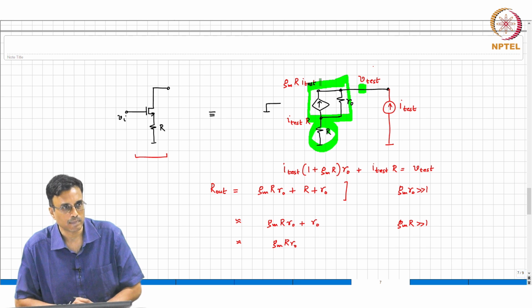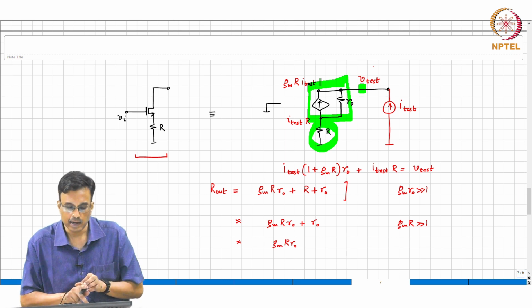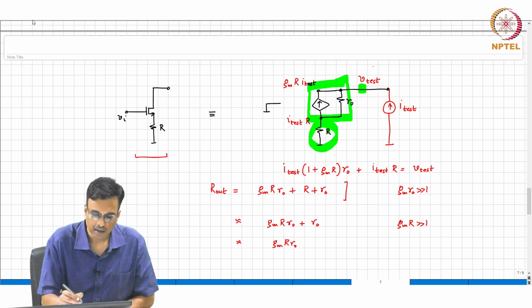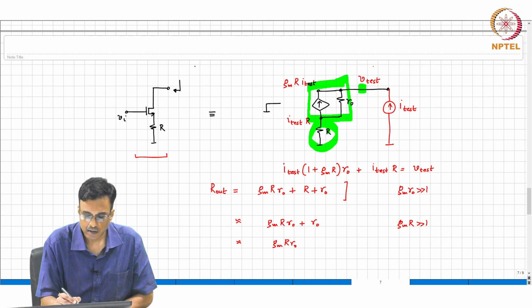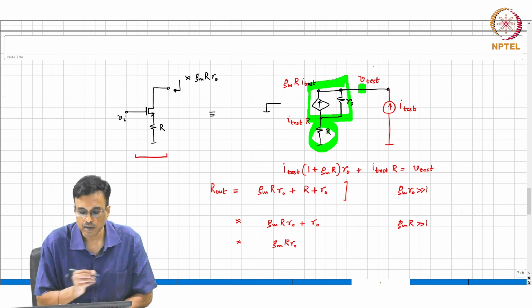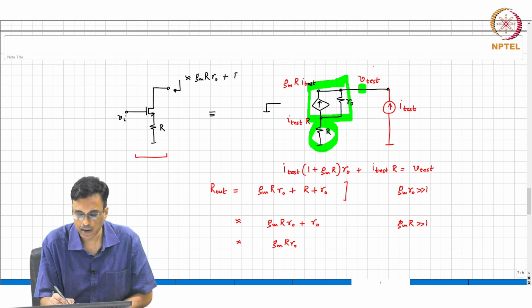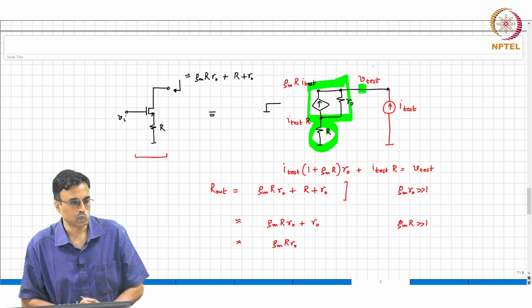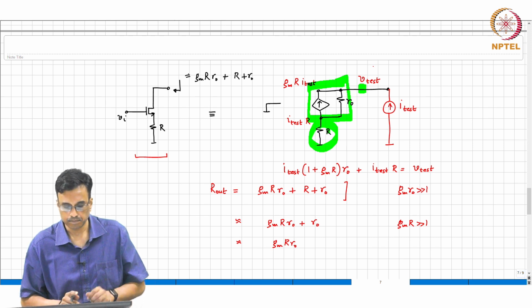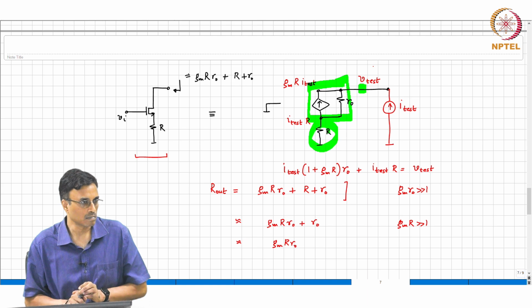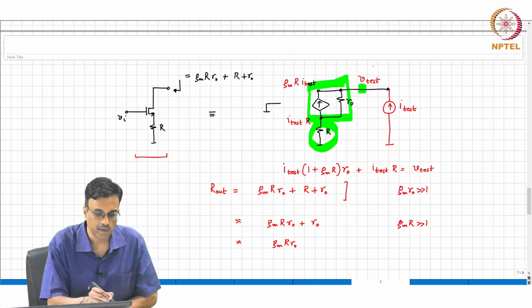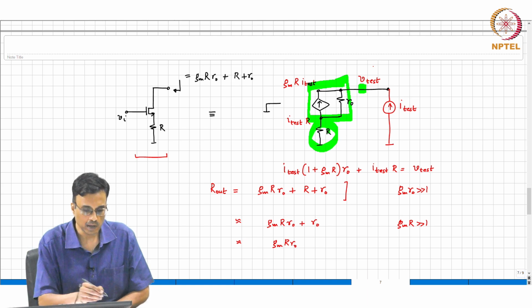So, the bottom line is that the output resistance looking in here is approximately Gm times r naught times R. But the true expression is that to this you need to add both R and r naught. All right. With that we will stop. We will continue in the next class.